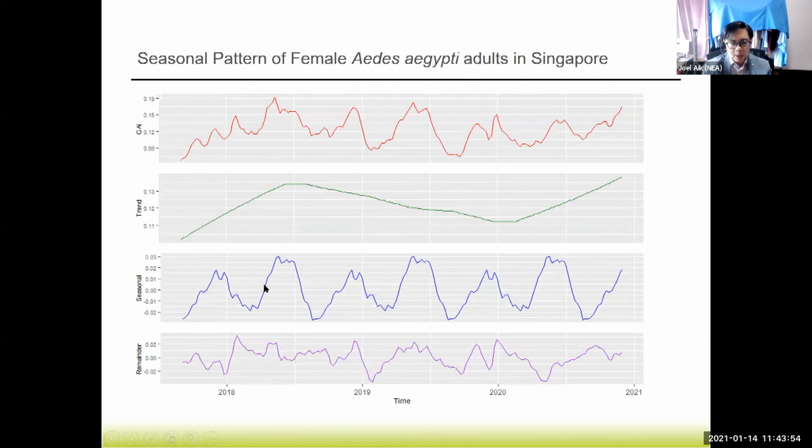What do you notice about the seasonal pattern, and how can you relate that to what we saw in terms of the seasonal pattern of dengue infections in Singapore? This would be the middle of the year without the date label. What do you notice?